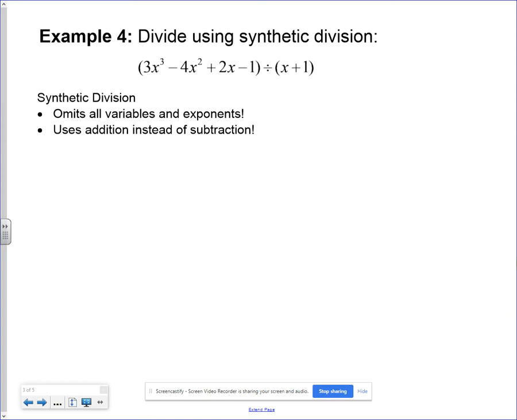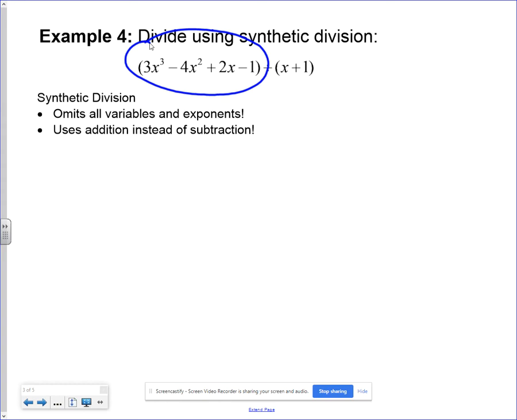Okay? All right, so let's take 3x cubed minus 4x squared plus 2x minus 1 and divide it by the quantity x plus 1. So what you want to do, just like you do on long division, the first step, the thing that you're dividing into, make sure none of the exponents are skipped over. So my largest exponent on this polynomial is 3.